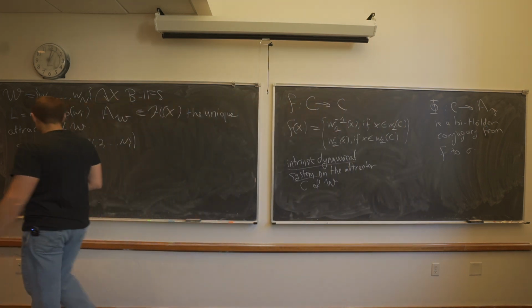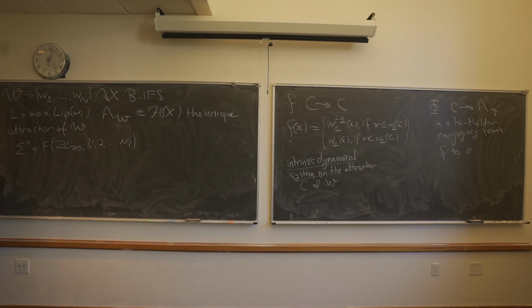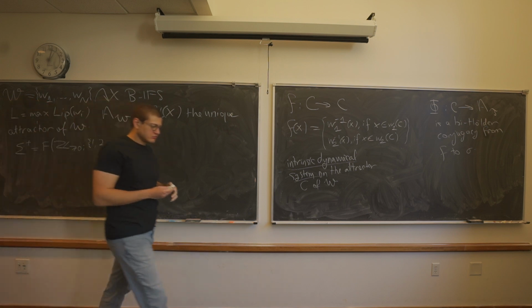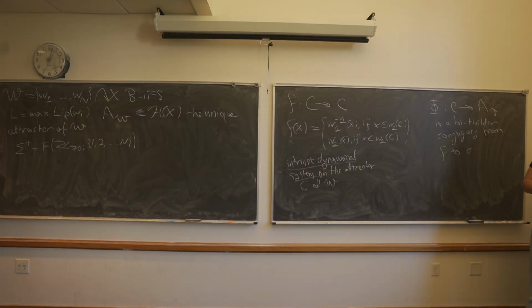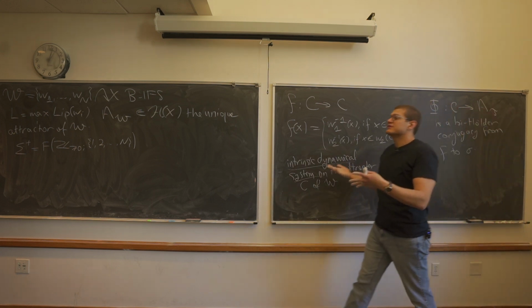Say there's a function phi, which is going to be sort of like the inverse of that phi, but never mind. There's a function phi from shift space to the attractor. I want that function to be nice, meaning I want it to be continuous, and I want it to be compatible with the iterative function system.